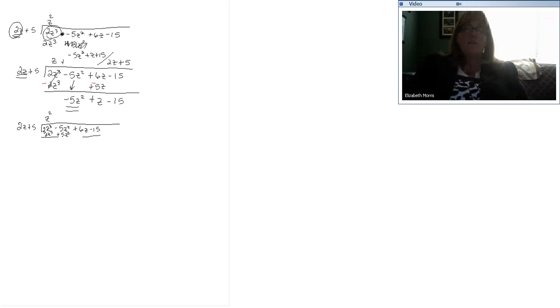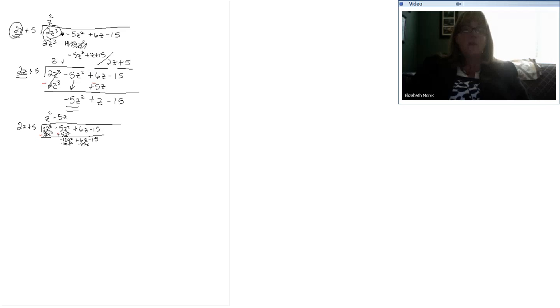You get negative 10z squared plus 6z minus 15. Now, what would I multiply 2z by to get negative 10z squared? Negative 5z. Negative 5z times 2z is negative 10z squared. Negative 5z times 5 is negative 25z.